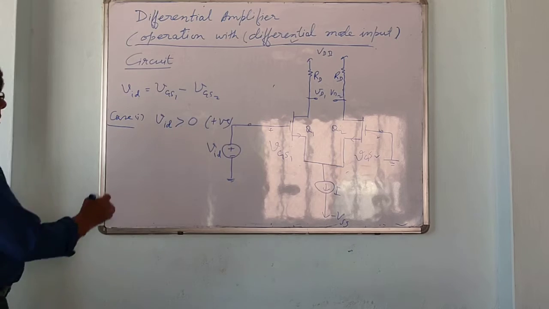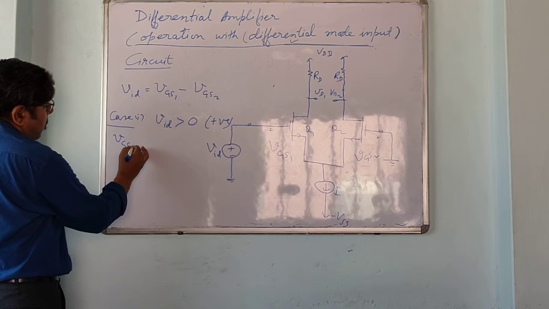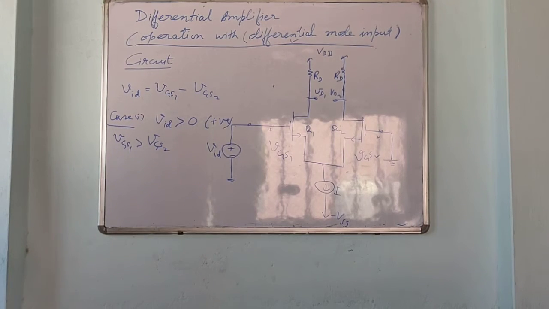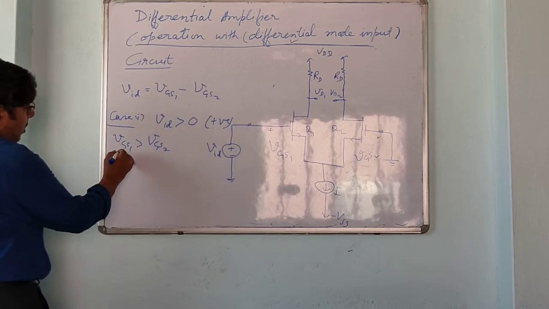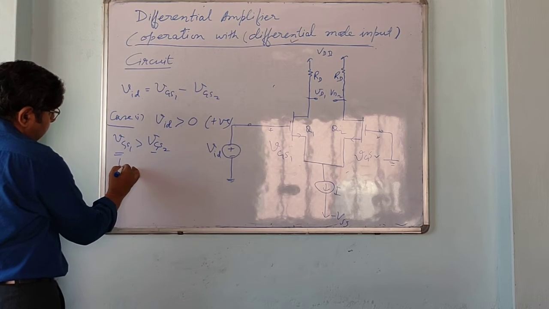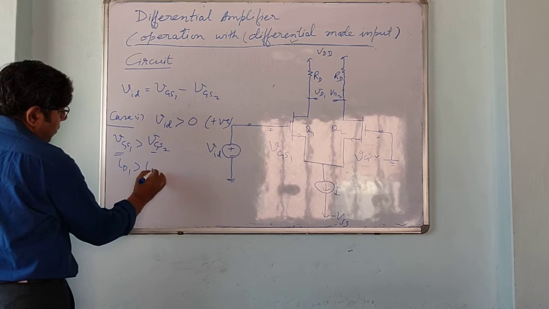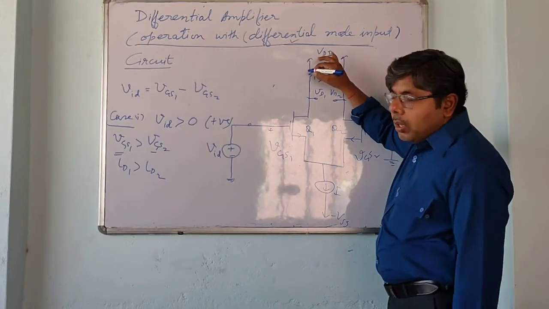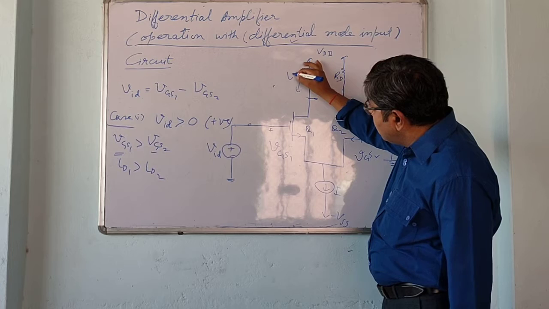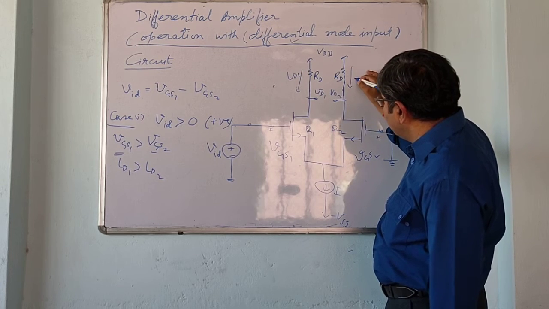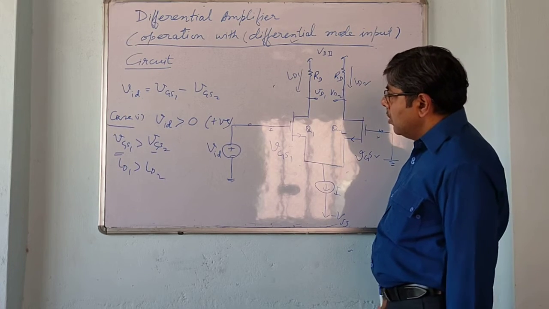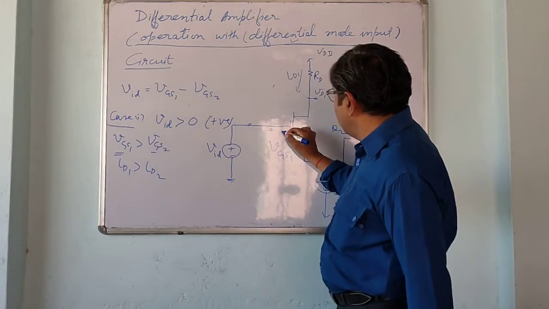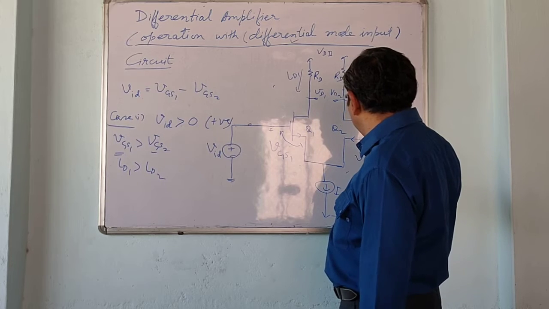Then obviously VGS1 is greater than VGS2, and due to this ID1 is greater than ID2, because these two currents ID1 and ID2 are dependent on the voltages VGS1 and VGS2.